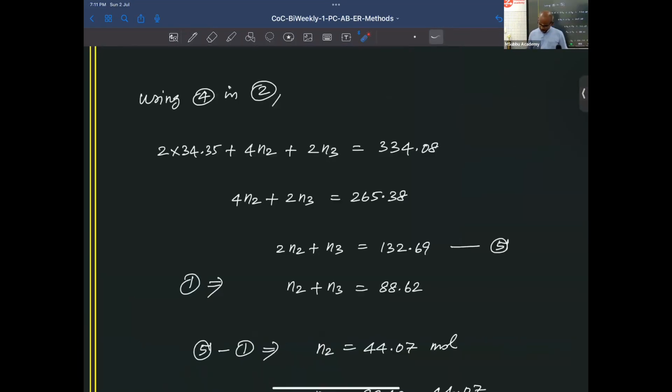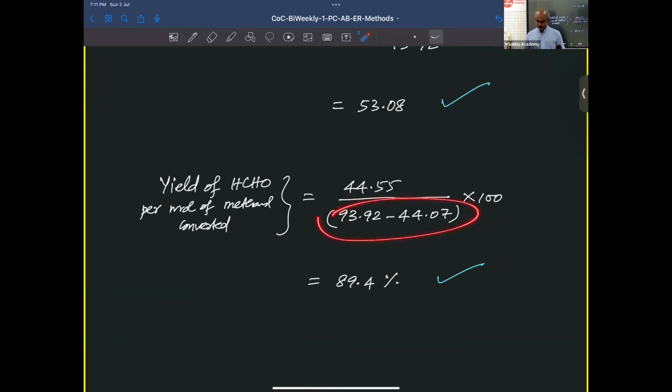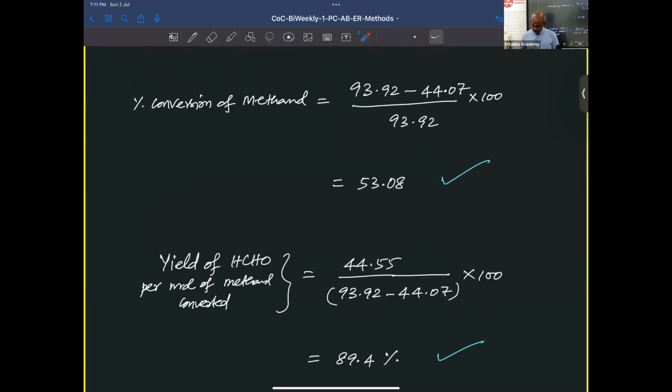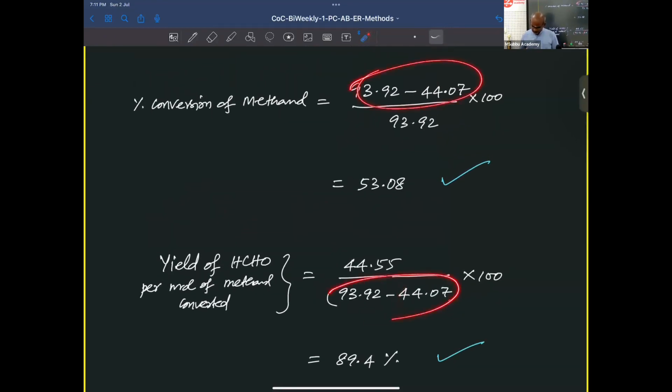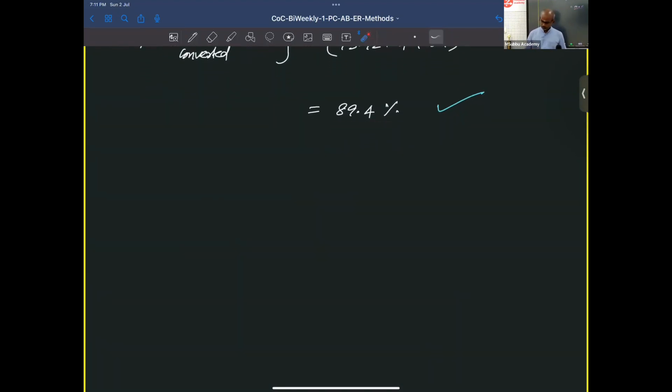The yield definition is how much formaldehyde is produced divided by how much methanol is converted. So methanol in the feed minus methanol in the product is the amount of methanol converted, and this is the amount of HCHO produced. Using that we get the yield calculated to be 89.4%.